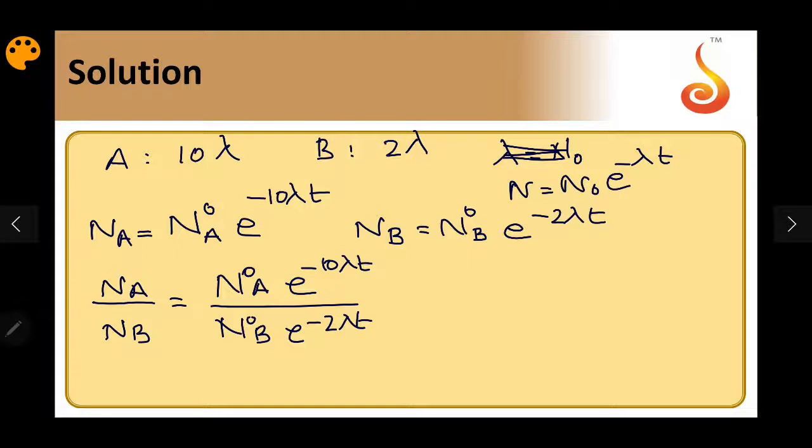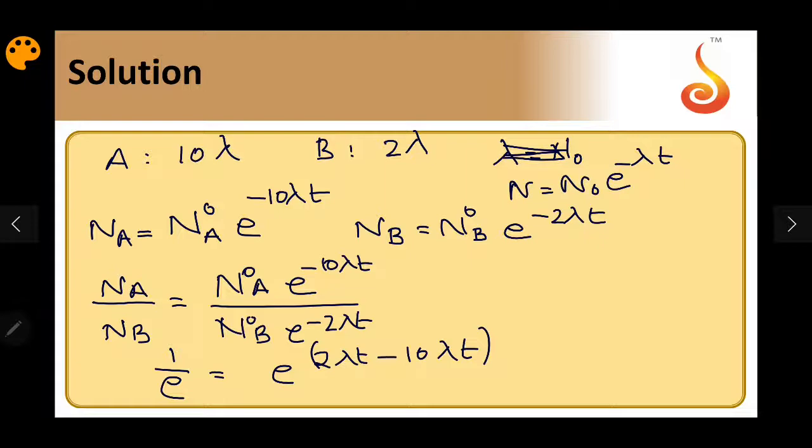We know that N naught A by N naught B is 1 because the initial number is the same. NA by NB is 1 by e. So I can write this as 1 by e is equal to e to the power, this will go to the numerator, so it becomes 2 lambda t minus 10 lambda t. So this is e power minus 1.